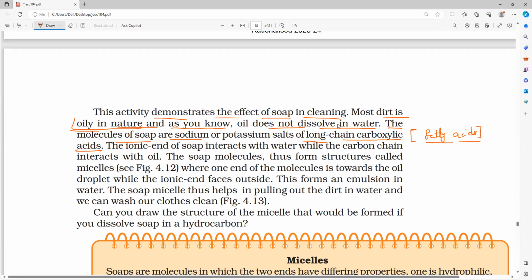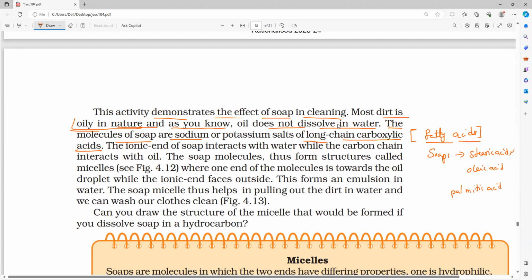So the fatty acids are used to prepare the soaps. For the soaps we are using, the acids are like stearic acid, oleic acid, all saturated fats, or palmitic acid.